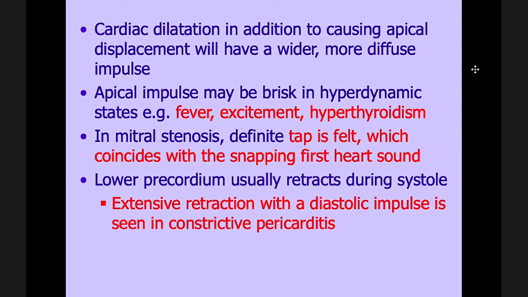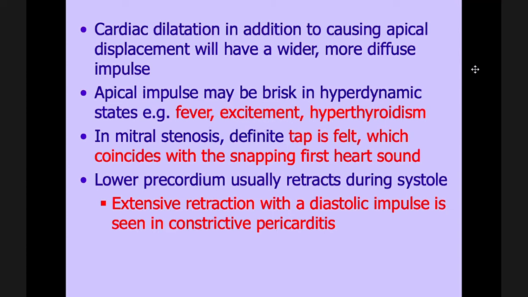Now, the apical impulse also may be brisk in hyperdynamic states like fever, excitement, or hyperthyroidism. In mitral stenosis, you will appreciate a definite tap which coincides with the snapping of the first heart sound. This is common in mitral stenosis.